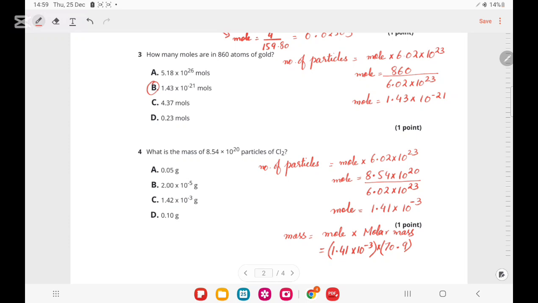So the answer comes out to be 2.00 times 10 raised to power minus 5. Okay, so the correct answer is going to be B.